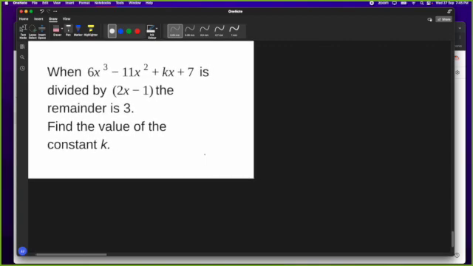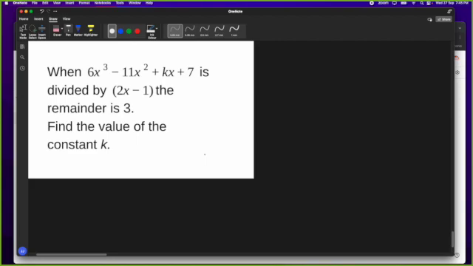And when it comes to a remainder and factor theorem question in your exam, chances are this is the remainder and factor theorem question you're going to get. So take a read on this and see if you could figure out what to do here.